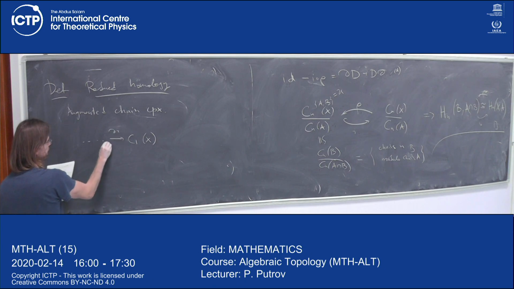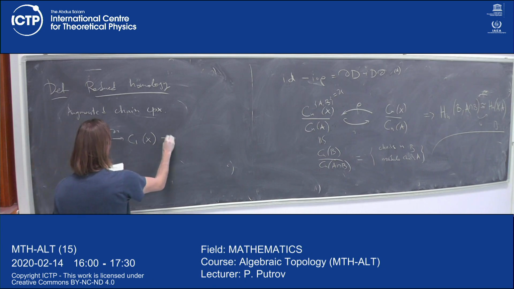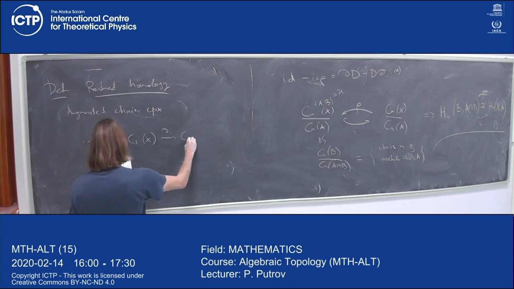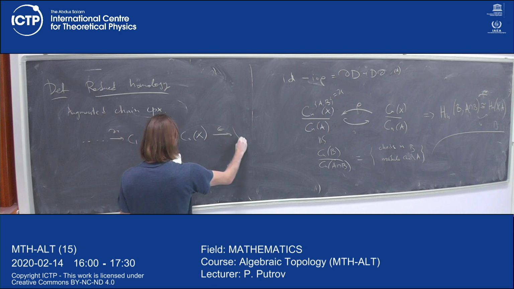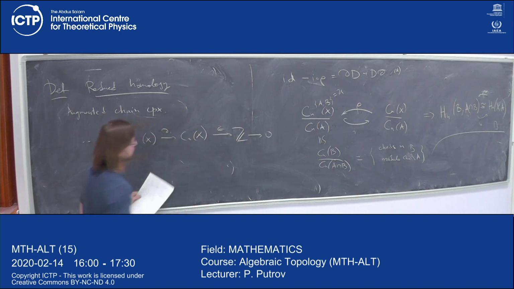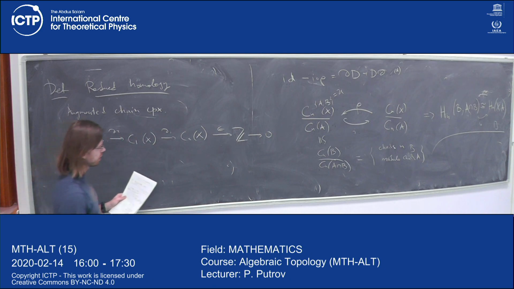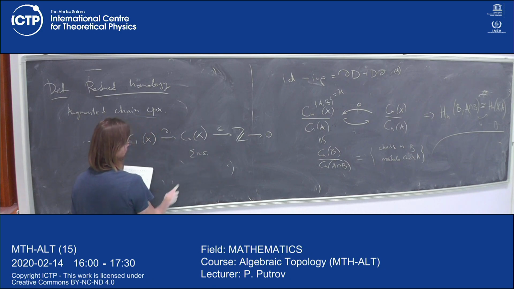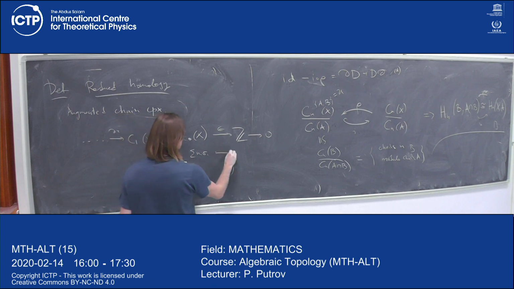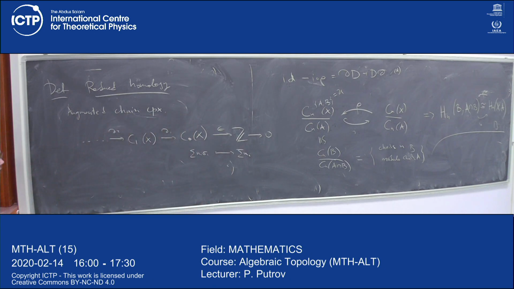The beginning is as before, but at the end we want to extend it by this map epsilon, not 0 but epsilon, where a linear combination of singular chains in C0 is sent just to the sum of the coefficients.